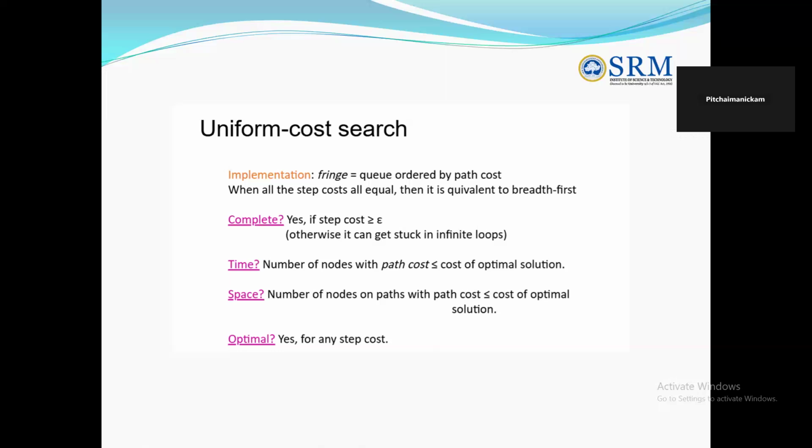And finally, the time and space complexity. Time complexity means the number of nodes with path cost less than the cost of the optimal solution. So we need to include all those things also. This is the way we are able to find the solution of this uniform cost search methodology.